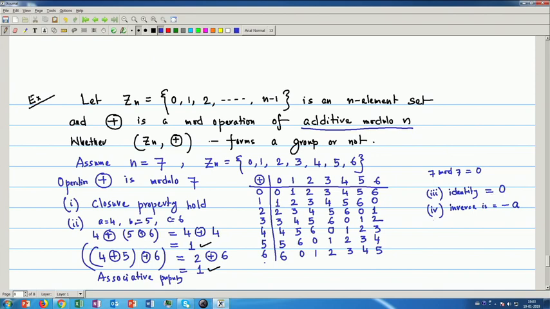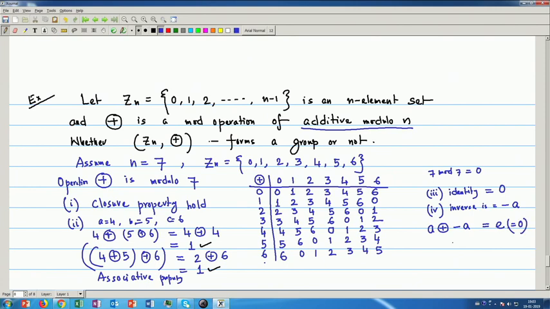So, we can take that, if I take A and minus A, this is equal to the identity element E. That means, A minus A is 0, and it is my identity equal to 0.